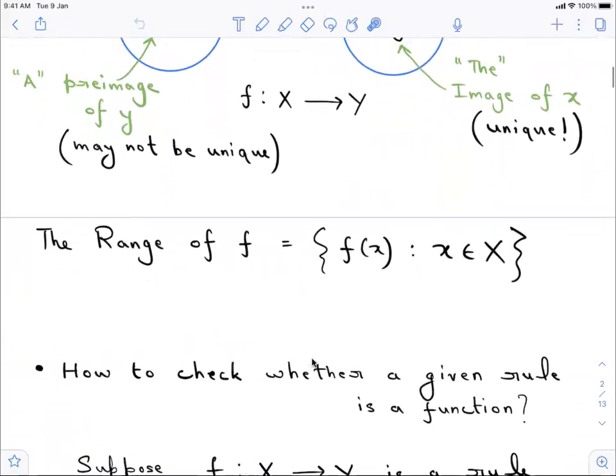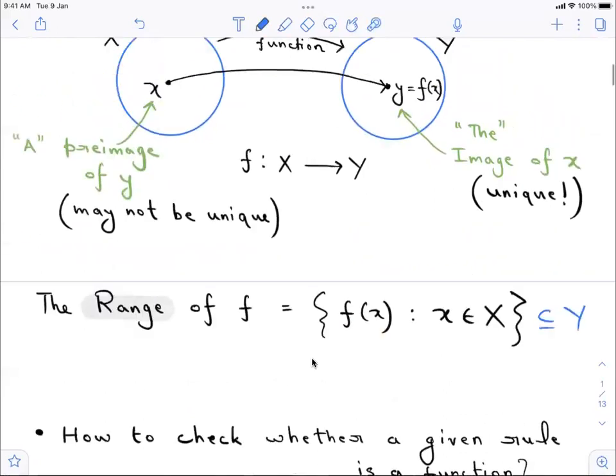So range of f, another term: range is a subset of codomain which consists of all the images. So this range of f consists of all the image points. So this of course is contained in the codomain, which in this case we're calling y.